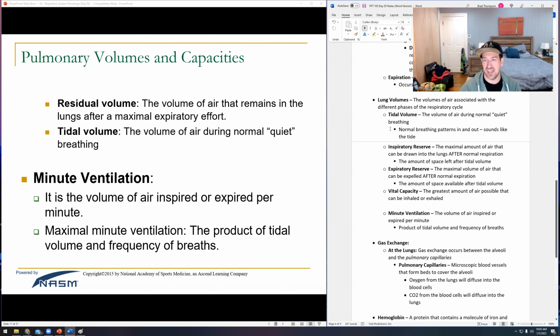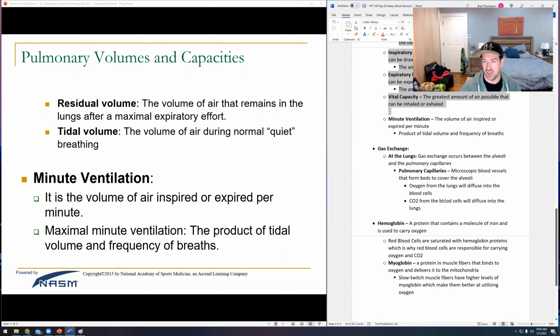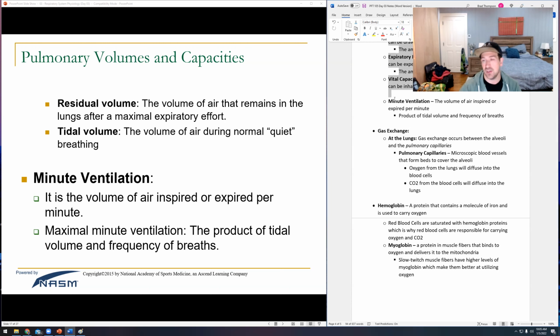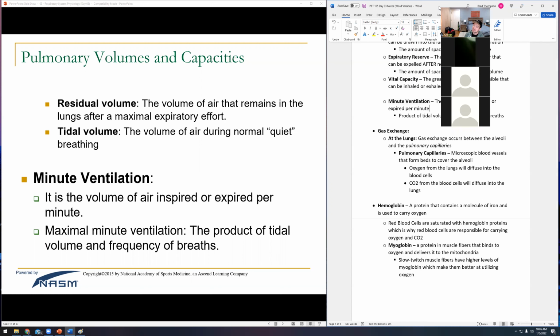So that is sort of the different volumes of lungs as we're looking at it, right? And then there's a term that we're going to use. It's called your minute ventilation. So your minute ventilation is kind of like the function of your heart, one of the things we're going to look at tomorrow that's really important. There's two things that make up the function of your heart, guys.